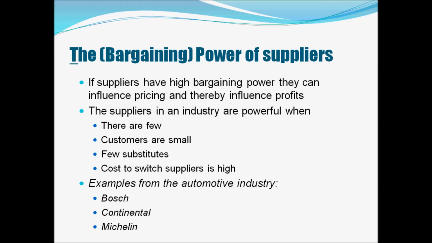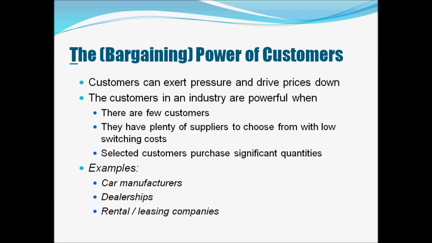Now, the second factor is the bargaining power of customers. Customers can pressurize and drive prices down if they're powerful. And when are customers in an industry powerful? When there are few of them.